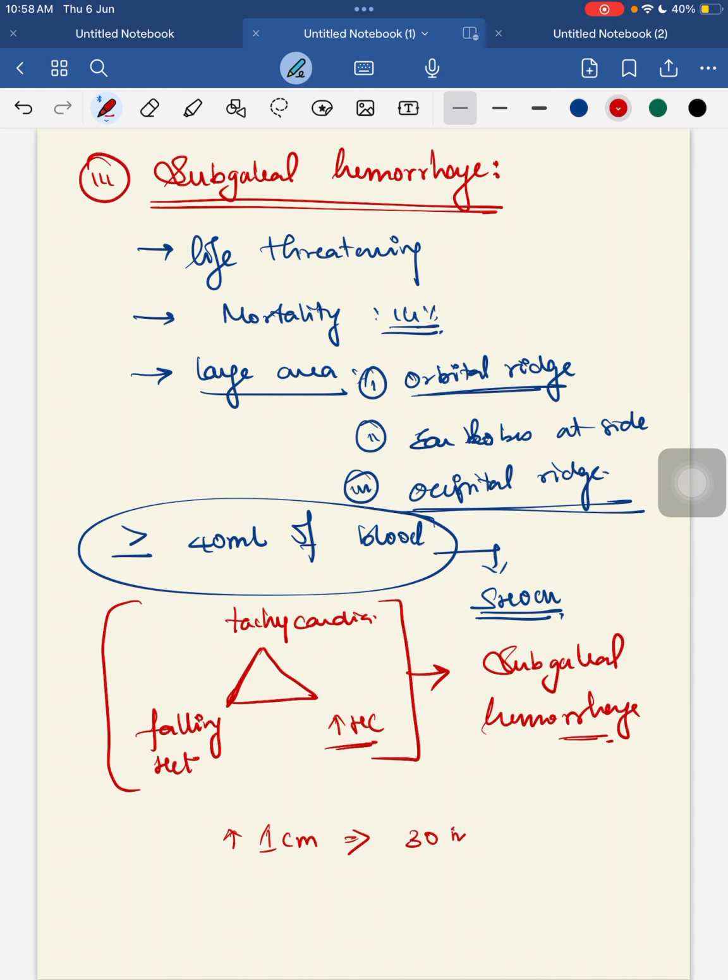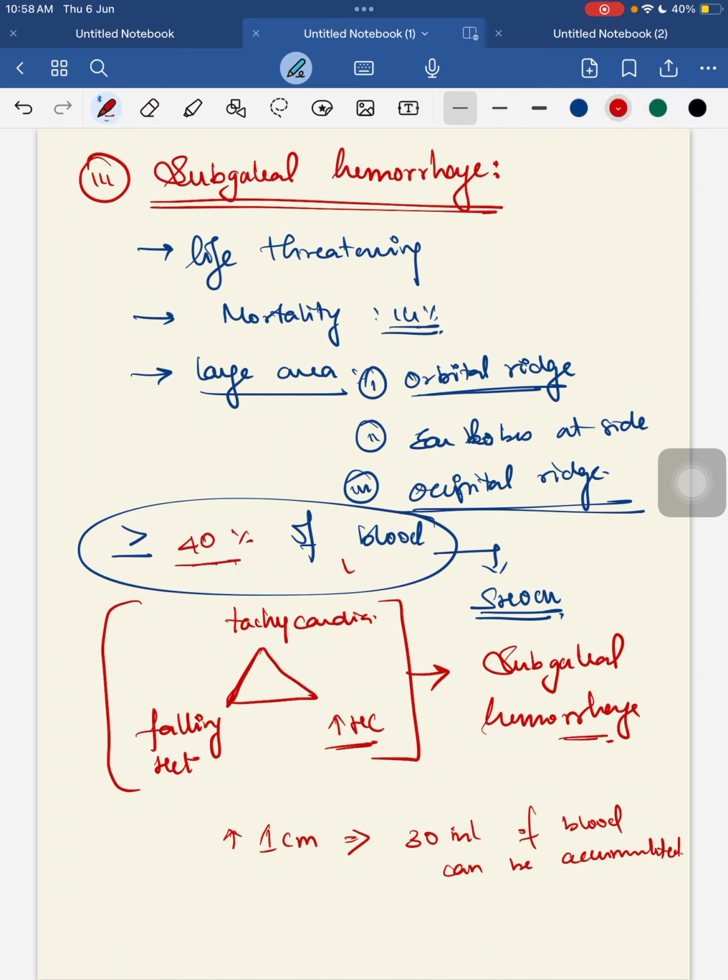Yes. Going on with the fourth injury, that is your skull fracture. In skull fracture we have two types. One is your linear fracture, another one is your depressed skull fracture.